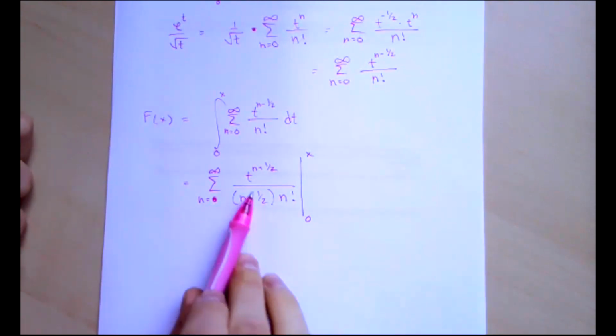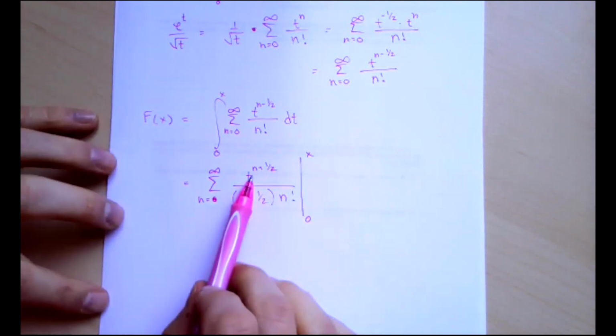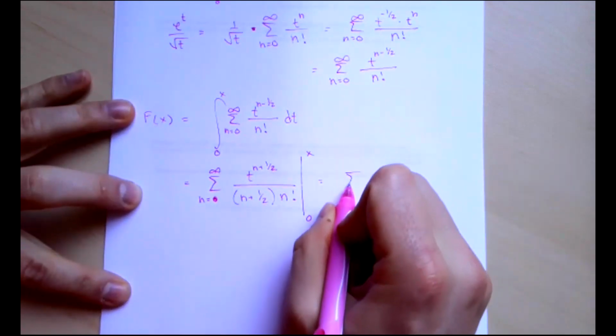Nicely enough, now, when I plug in 0, we just get zeros everywhere. When I plug in x, we'll get x's. So we will get our power series that we care about.